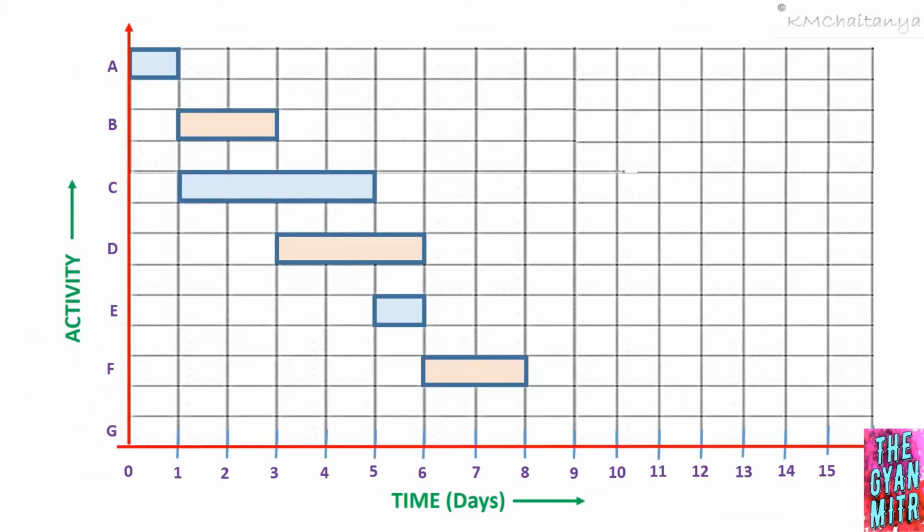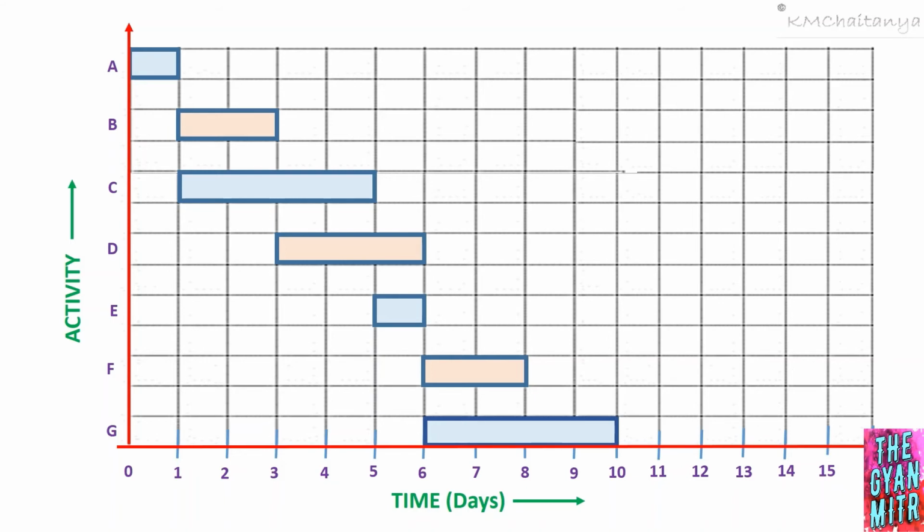I'll have my activity G below activity F, and also they have given activity G can start after completion of activity E, that is at time t equal to 6. Therefore, my activity G is going to start from time t equal to 6 and the duration of activity G is 4 days. Therefore, activity G will be drawn something like this. So this is our final Gantt chart.